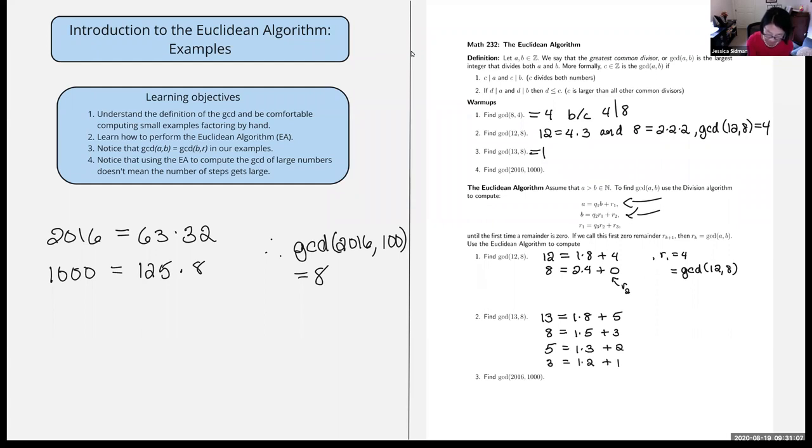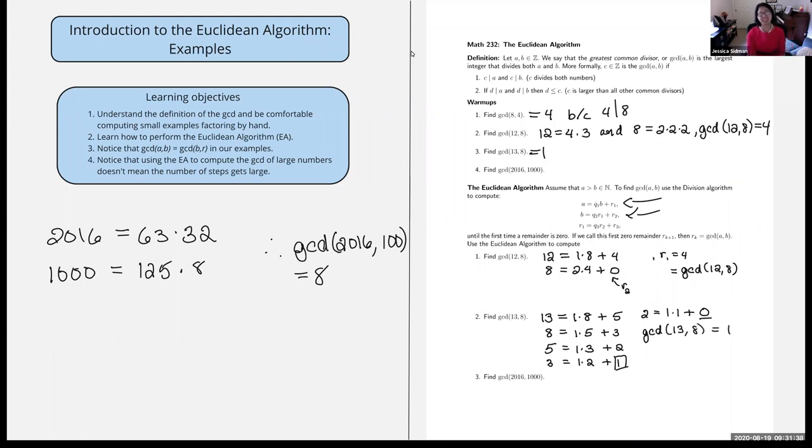And then finally, I have 2 divided by my remainder of 1 with a remainder of 0. This is my first zero remainder. So the GCD is the number that comes before, and I see the GCD of 13 and 8 equals 1.